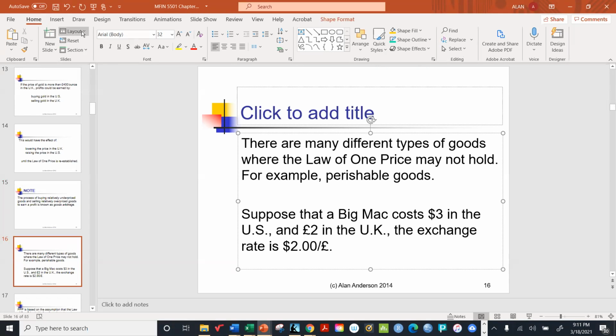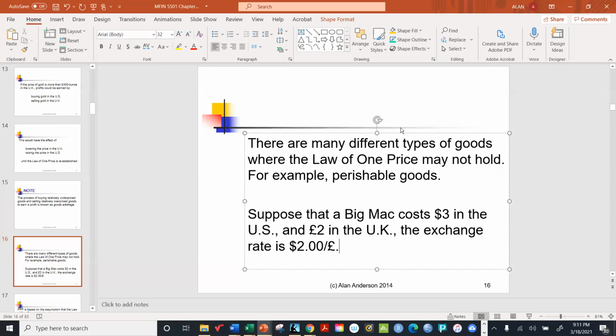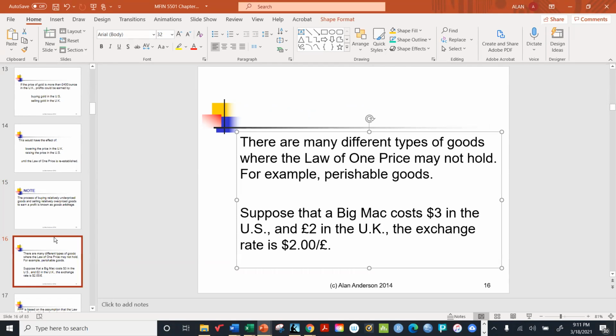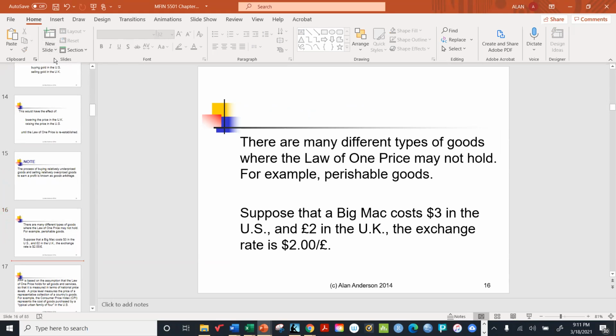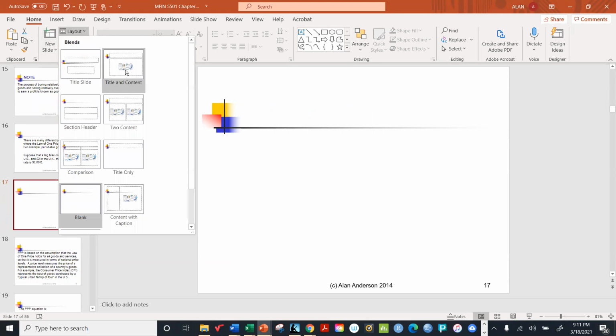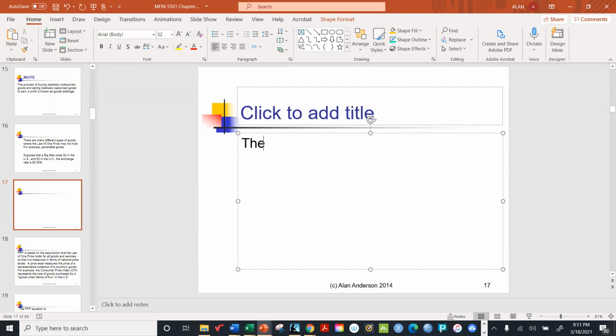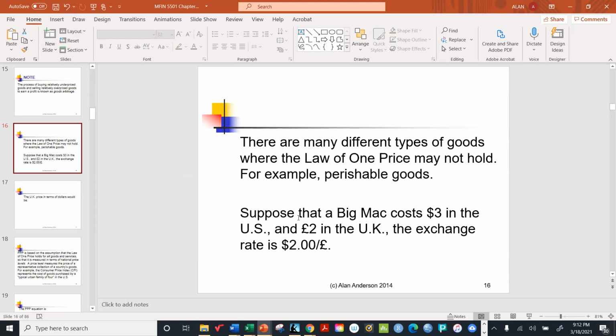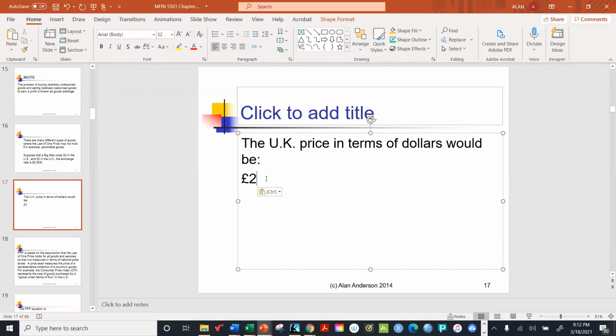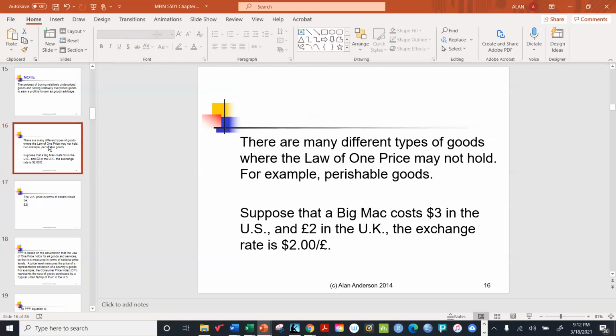How do we know? Because if you adjust the British price for that exchange rate, the UK price in terms of dollars would be, and so we would go ahead and multiply the British price like we did with the gold by the exchange rate. And what would we get?